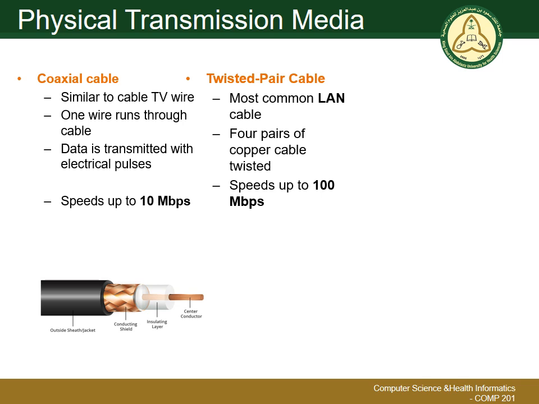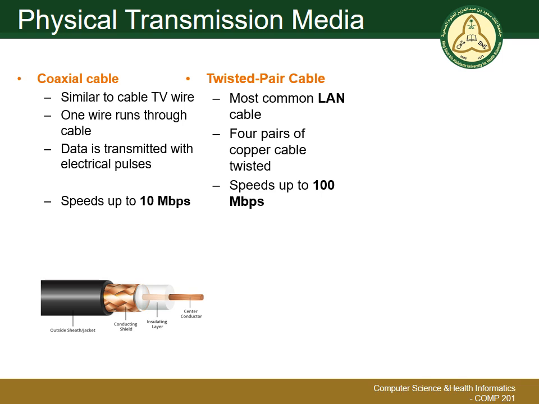A pair of wires forms a circuit that can transmit data. The pairs are twisted to provide protection against crosstalk. What is crosstalk? Crosstalk is the undesired signal noise generated by the electromagnetic field of the adjacent wire.